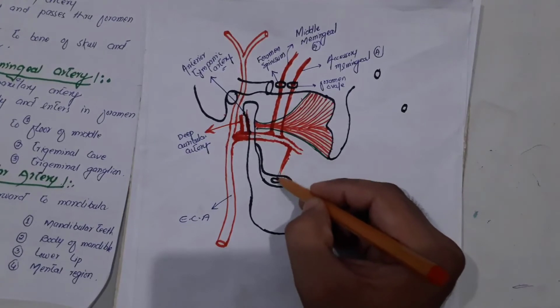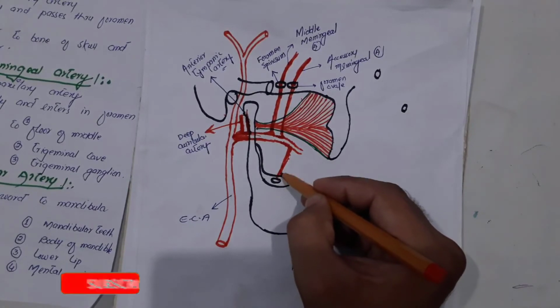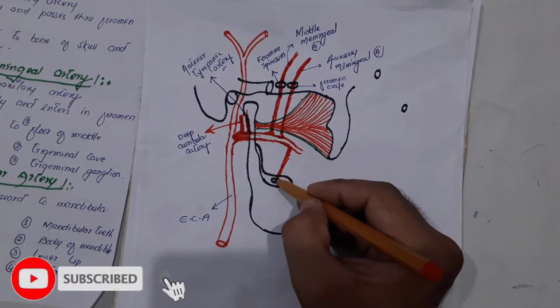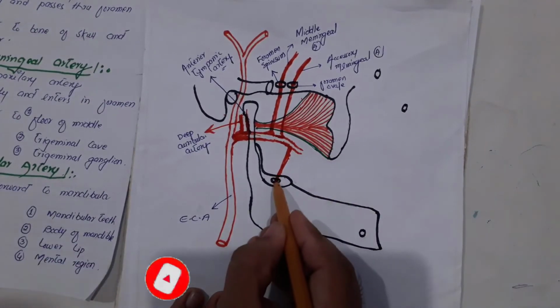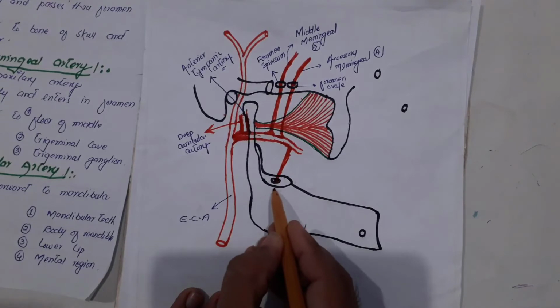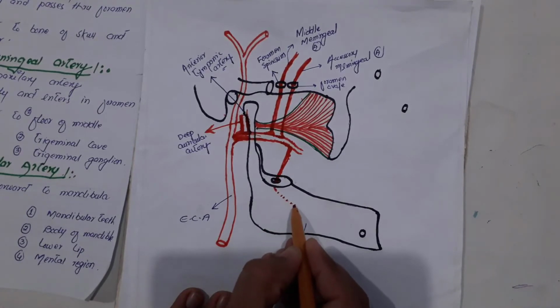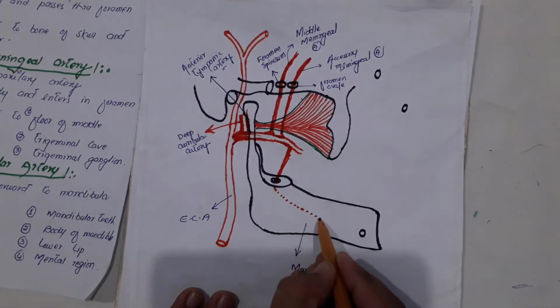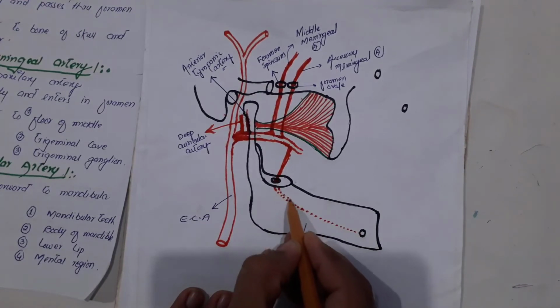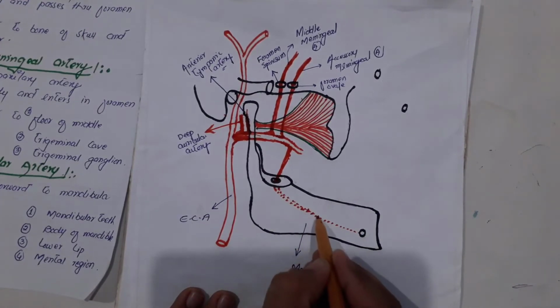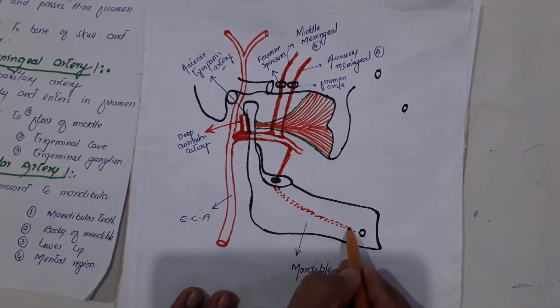This artery is passing through another foramen and this foramen is called the mandibular foramen, right? When it enters the mandibular foramen, I am representing it as a dotted line because this artery is running inside this foramen, right? And this foramen is the mandibular foramen, right?